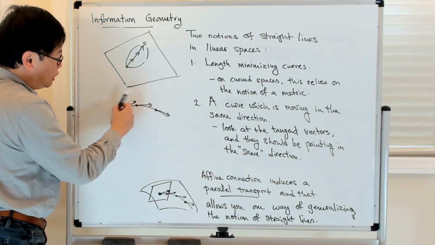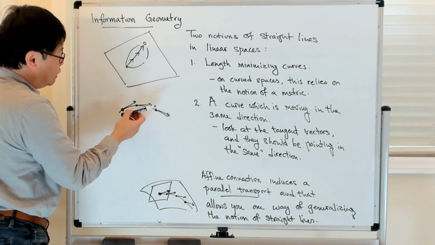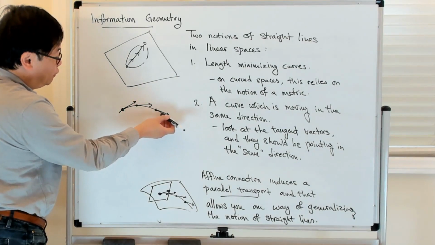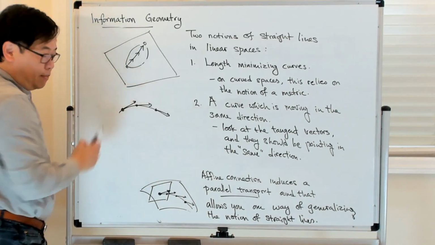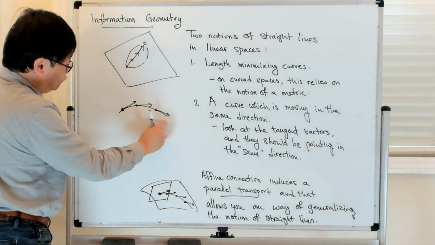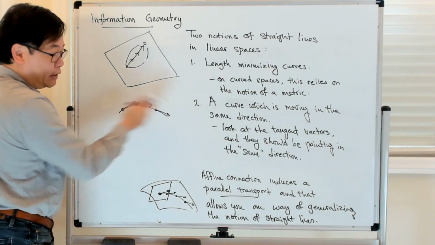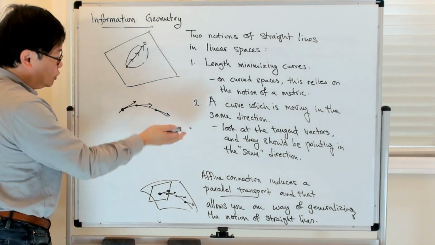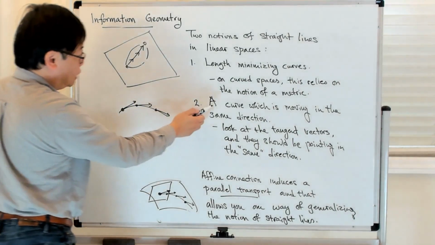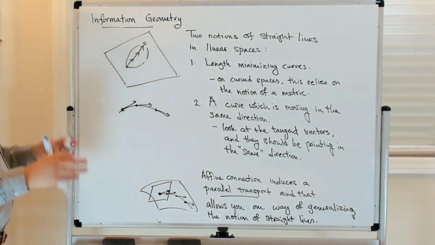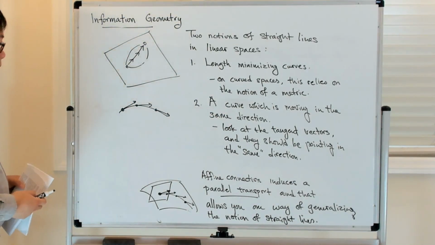You get a bunch of vectors which are based at points along the curve, and you want to compare that then to the tangent vectors which are induced by differentiating that curve. And so if those two things agree, then you now have a curve which is moving in the same direction, so to speak. Okay.